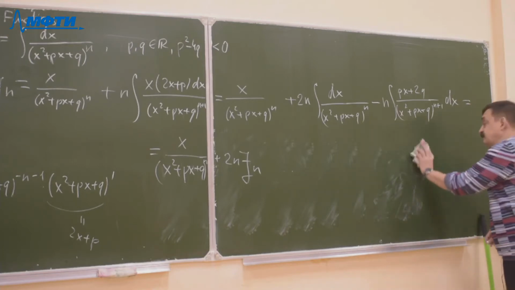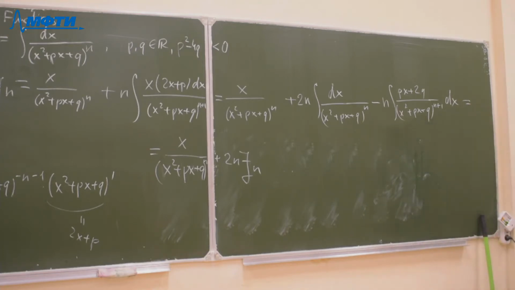Which part can be integrated easily? Look, if we try to make a substitution, x squared plus px plus q equals y, then what is dy? dy equals (2x plus p) dx, right?